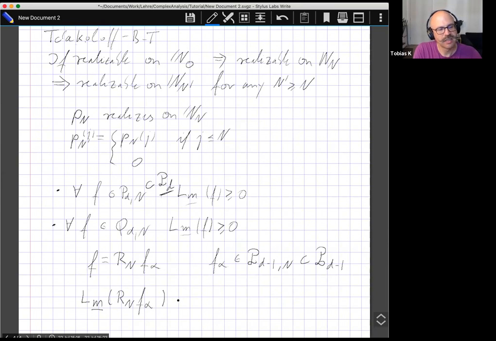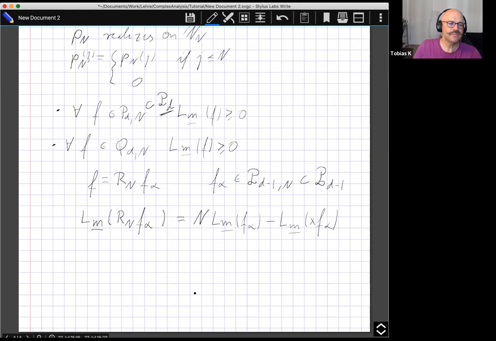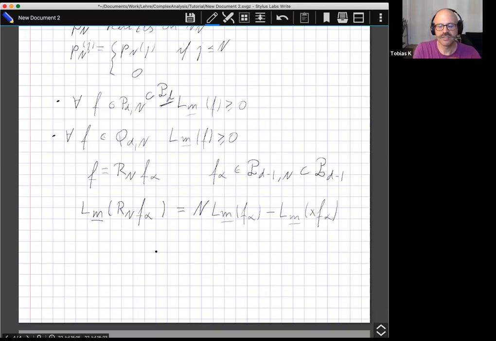Using the linearity, I can write this as N times L_m of f_alpha minus L_m of x f_alpha. But I said that if it's realizable for an N, it will also be realizable for a much larger N. So think N arbitrarily large. We cannot really make a limit here.